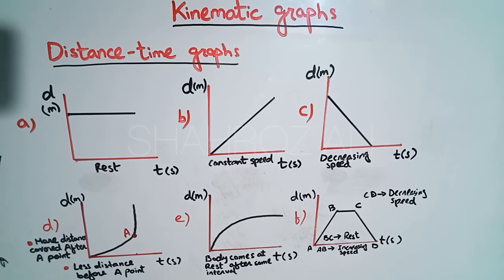In that video we will discuss how to calculate the gradient by the help of these graphs. For now I am just giving you the information about what these lines show us, if it is given as an MCQ or a short question. So what information will it give us?